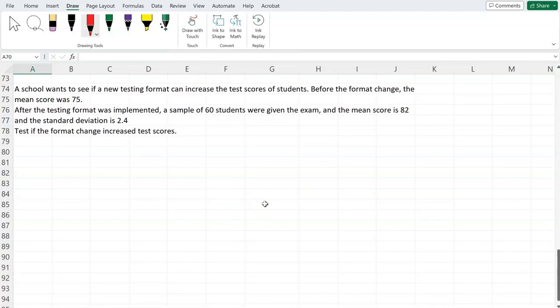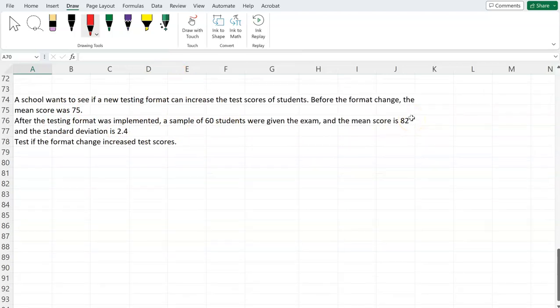A school wants to see if a new testing format can increase test scores. Before the test changed, the mean score was 75. Now after the test change was implemented, we took 60 students and the mean score is 82. So then we know that this is my population mean.